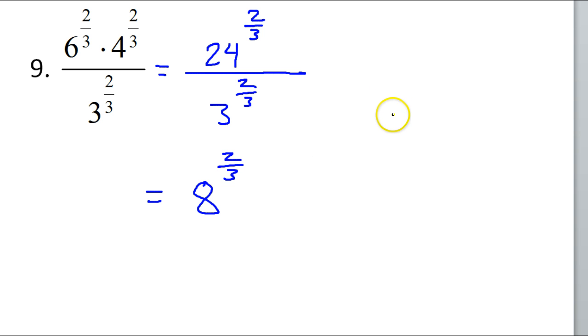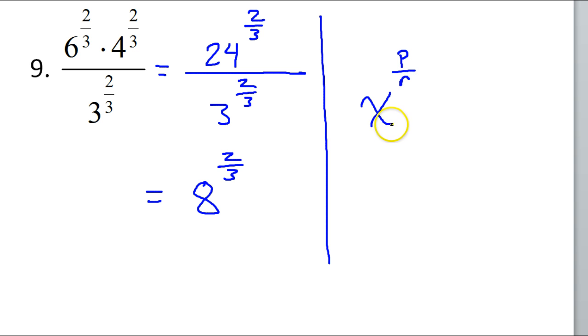it's sort of like this. If I have, in general, all right, these are like notes off to the side here. If I have x to the p over r power, this numerator, this p is the power, and this r is the root.